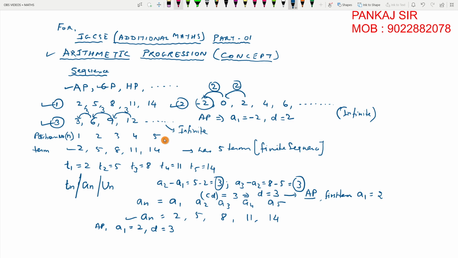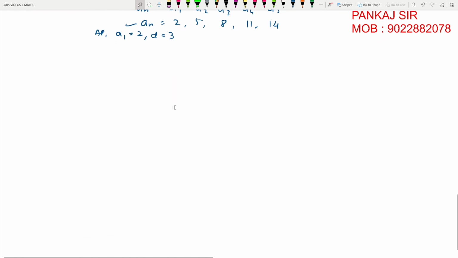Next, you have to understand the meaning of a general term. What is the meaning of a general term or the nth term? There's something called the nth term or general term. Now, let us go back to sequence number 1.